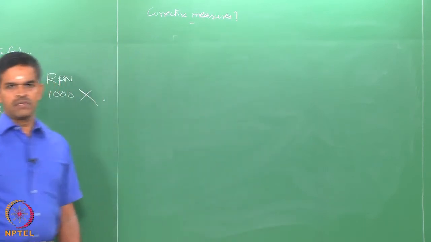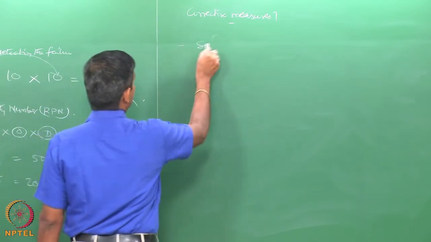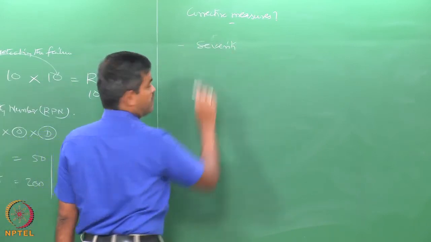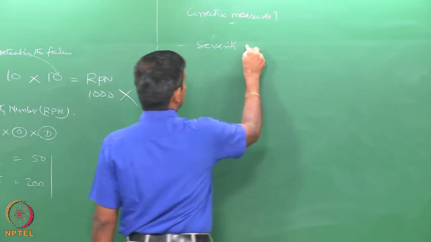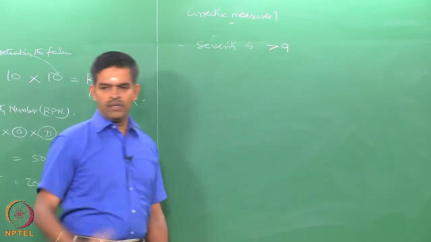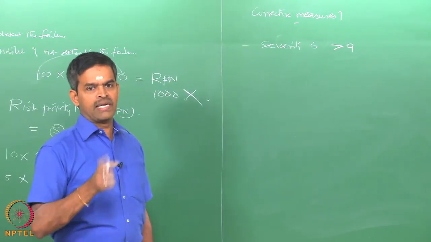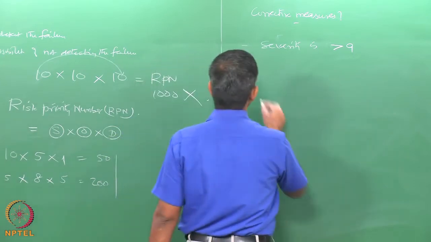When should we take corrective measures? Corrective measures should be taken when severity is 9 or, let us say, more than 9. When you have a component whose severity is indicated in the report as more than 9, you should take a corrective measure. That is the first option.